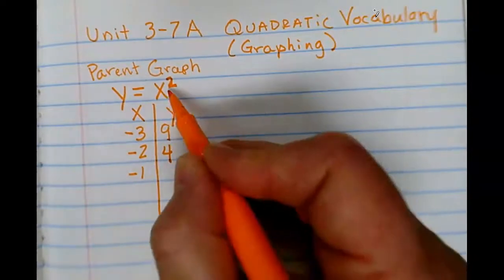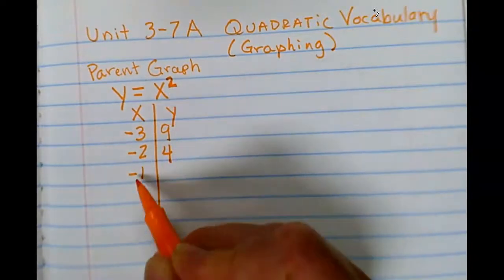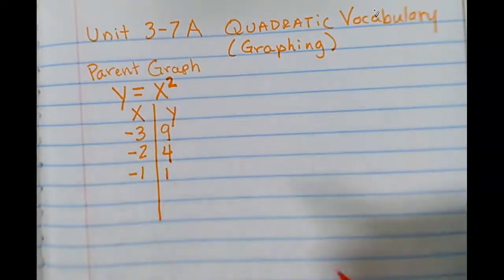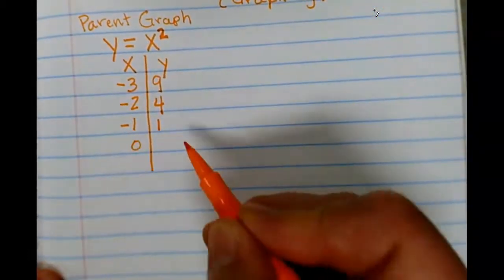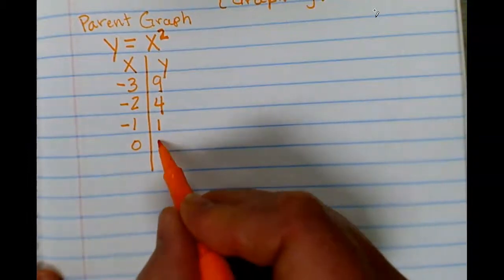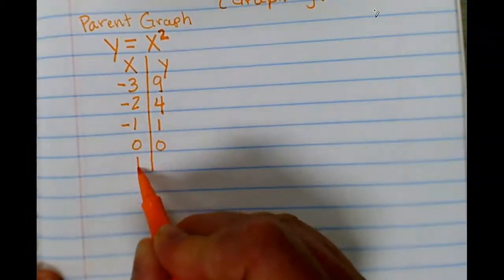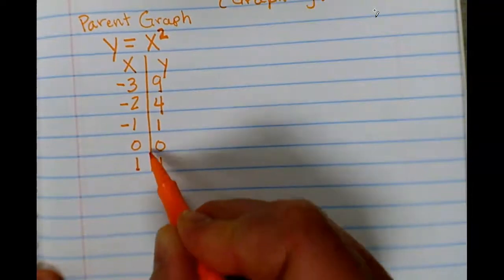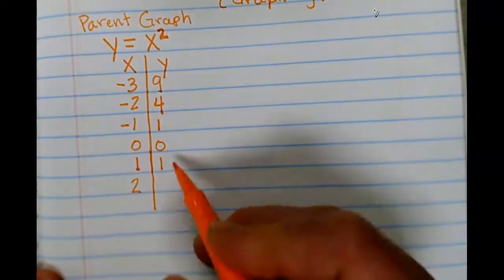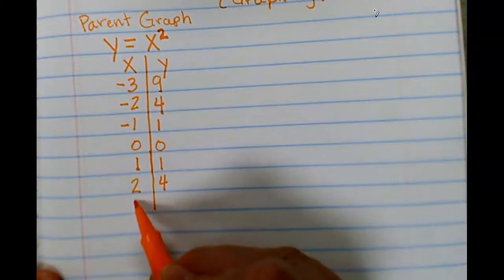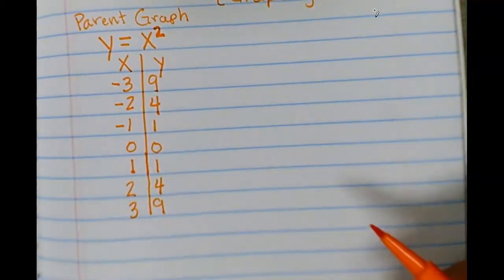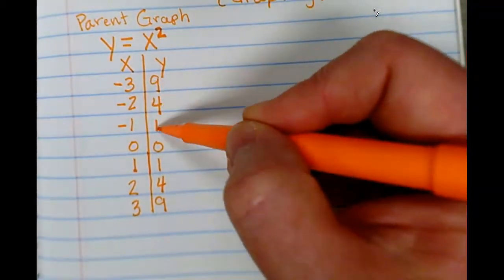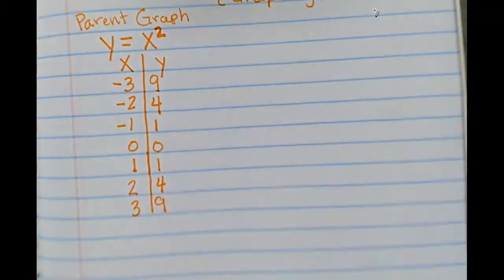And if I plug in a -1, -1 times -1 would be +1. What happens when you square 0? And if I plug in a 1 and square it, and 2 squared, and 3 squared. Did you notice that these numbers go down and then these numbers go up? And that we have the same numbers?